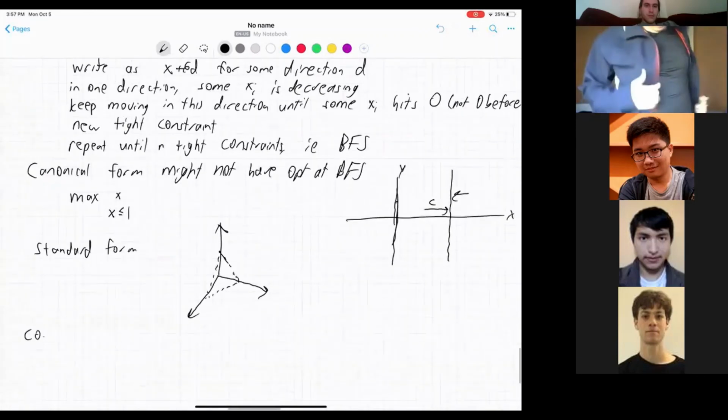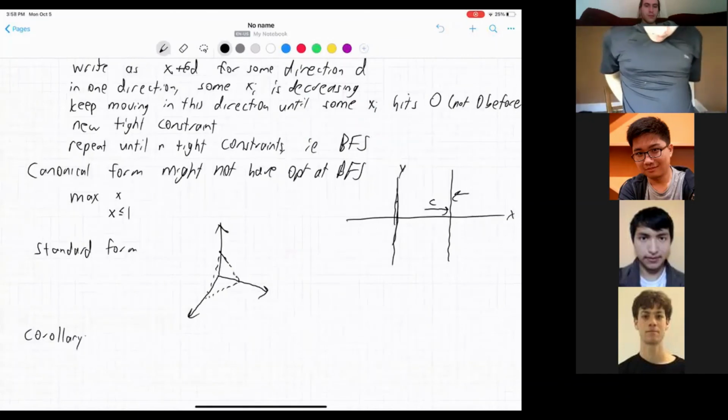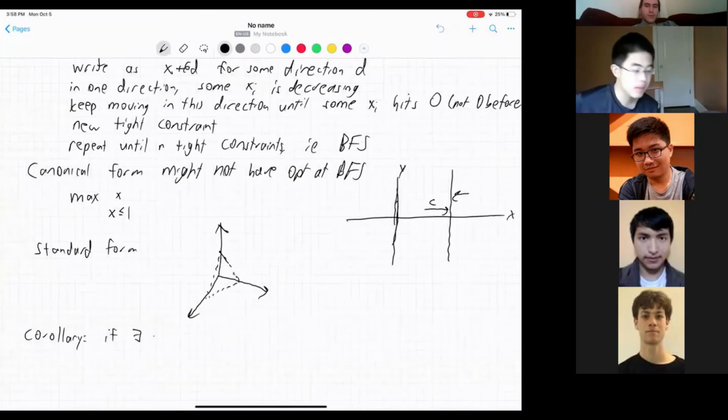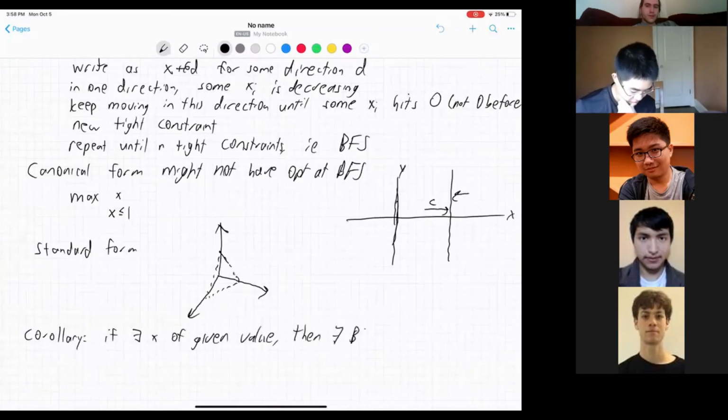Okay. Now we've actually proven something a little bit stronger, which is that if there exists an x of a given value in standard form, then there exists a basic feasible solution that is no worse than that value.